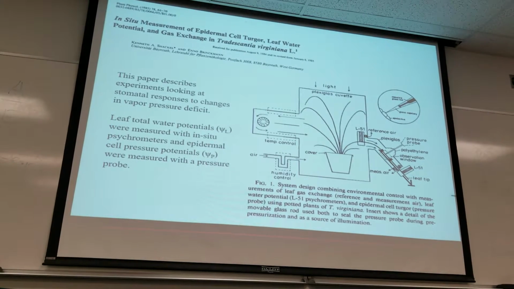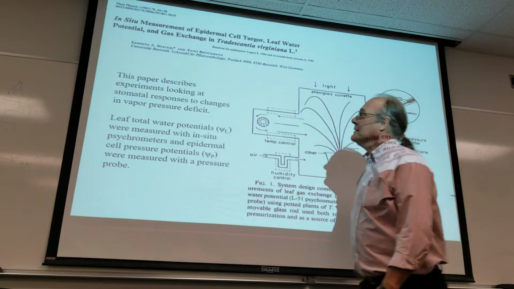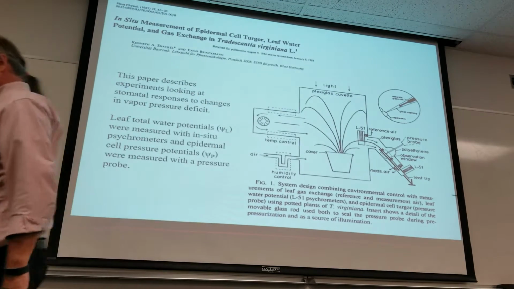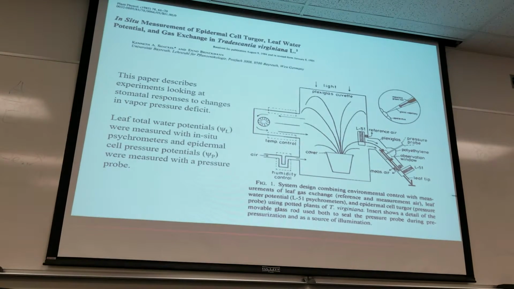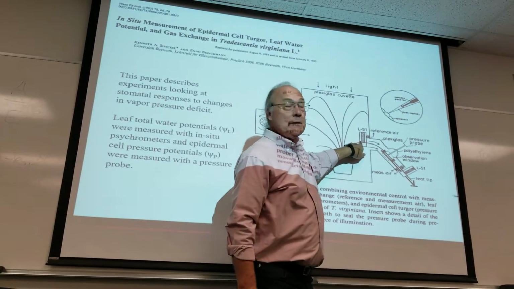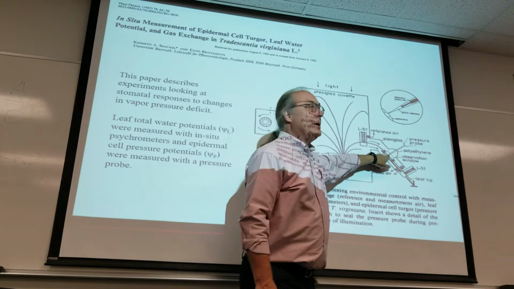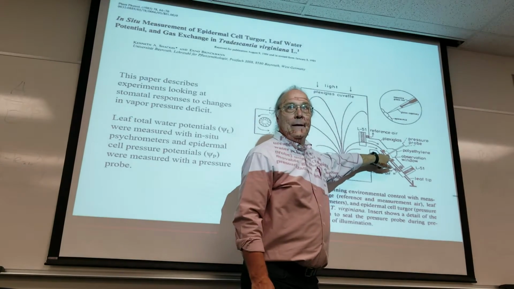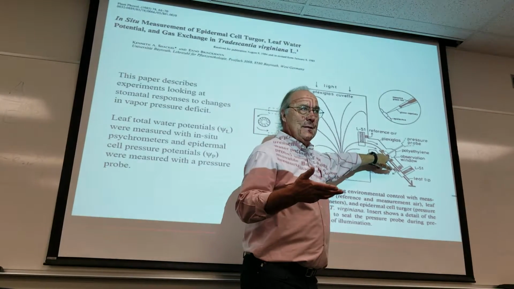Okay, remember this experiment? This is this guy, Ken Shackel. We talked about it when looking at the in situ psychrometer measuring total leaf water potential, and then the pressure probe measuring pressure potential, and then he had a way to estimate osmotic potential.